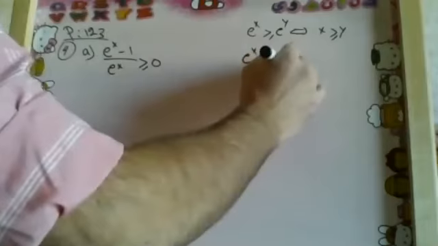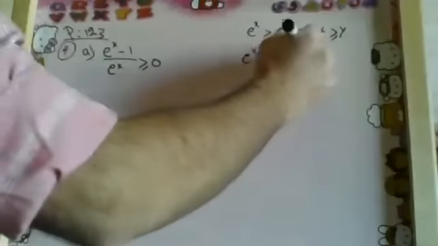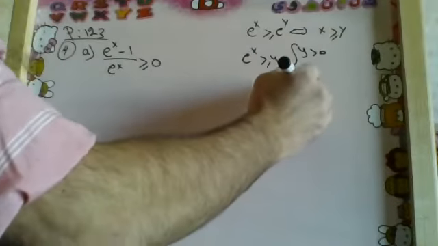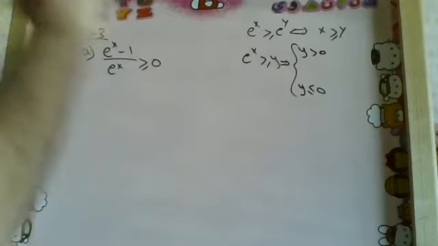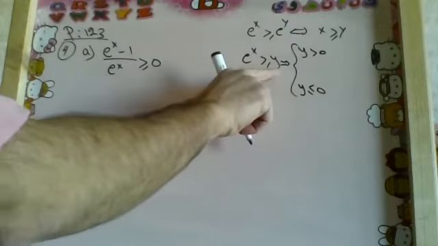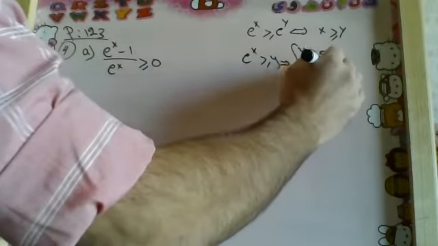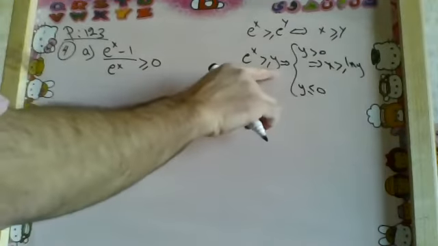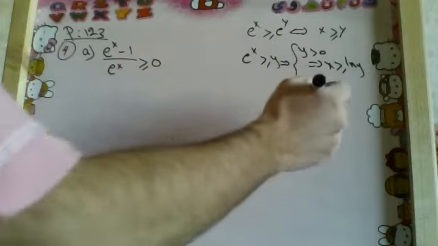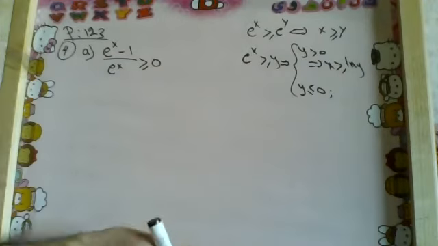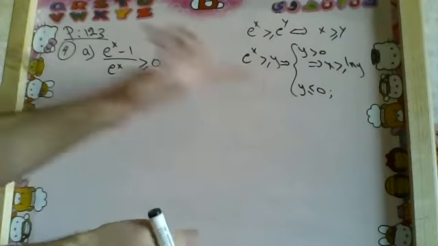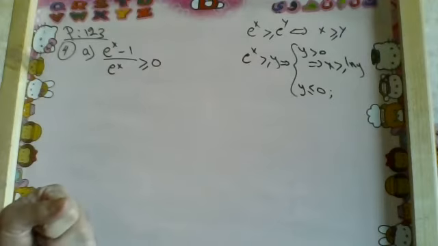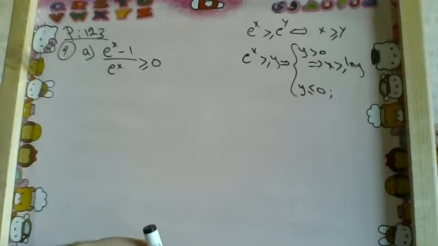Then you have one of two things: if y is greater than 0, or if y is less than or equal to 0. If this number is positive, then x is greater than or equal to ln y. If this number is negative or equal to 0, then any real number is a solution, because you know that e power x is greater than 0, right?